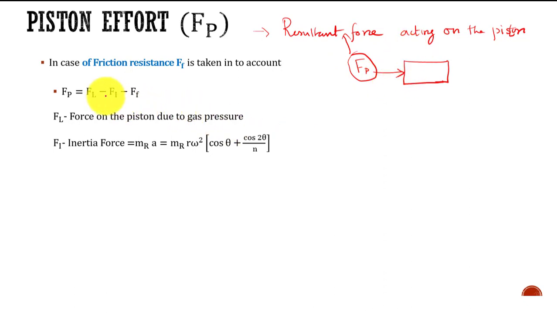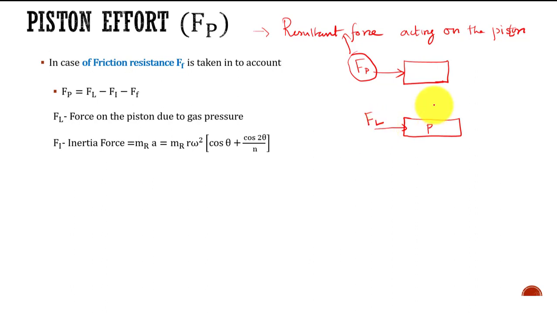How to find that out? We have many loads acting on the piston. What are all those loads? Piston is here. The first load is FL, the load acting on the piston due to the gas pressure.